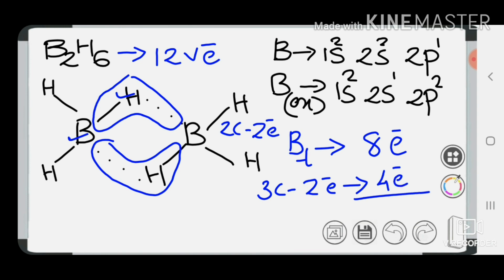So the total number of electrons becomes 12, which matches the 12 valence electrons we already got for B2H6. Now, how many electrons contribute to each BHB bond, that is, to the bridging bond? You can see there are 2 electrons contributing to each BHB bond.